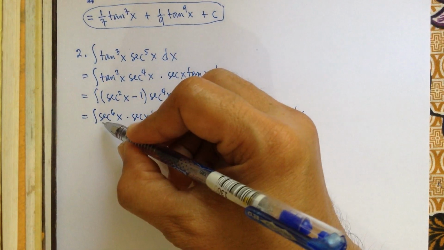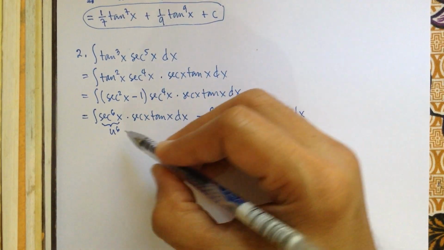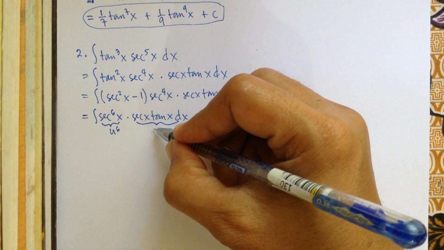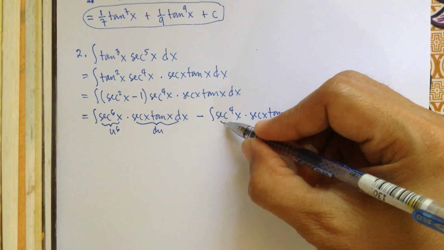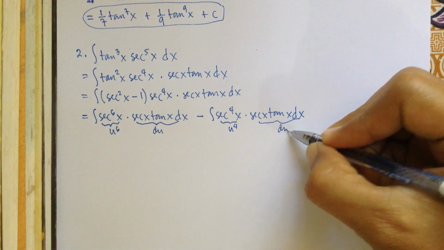Okay, again, your u is secant, so this is u to the 6, and the derivative of secant is secant x tangent x dx, so this is your du. This is u to the 4th, and this is your du.